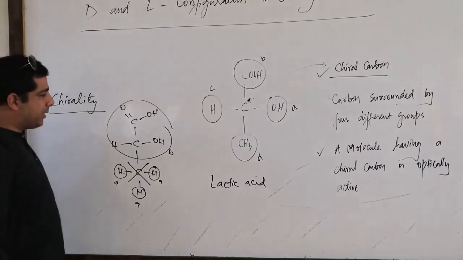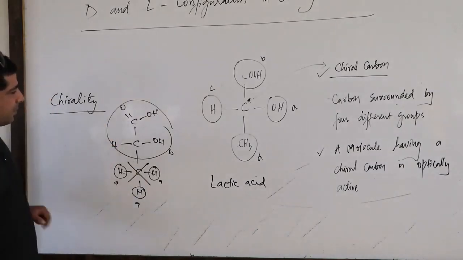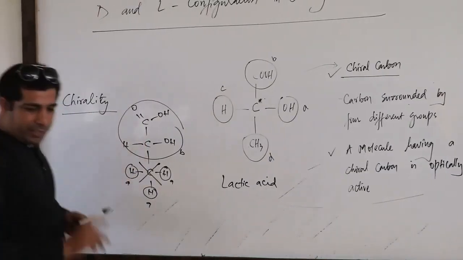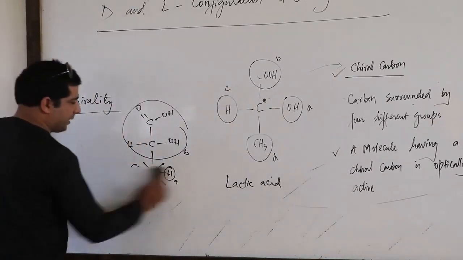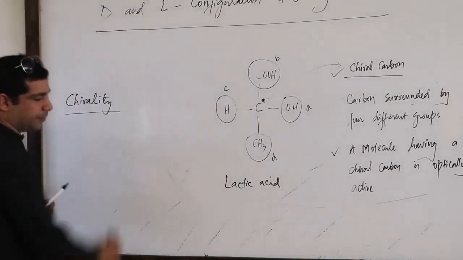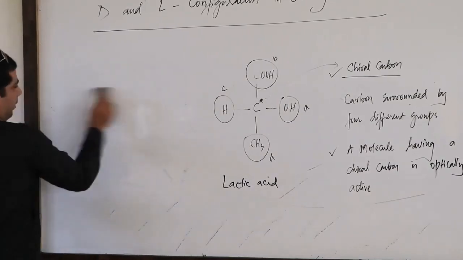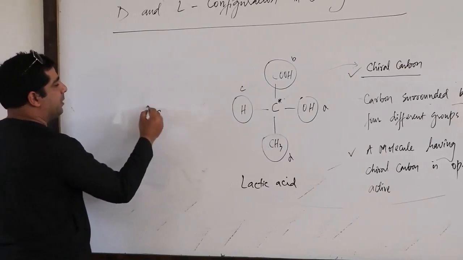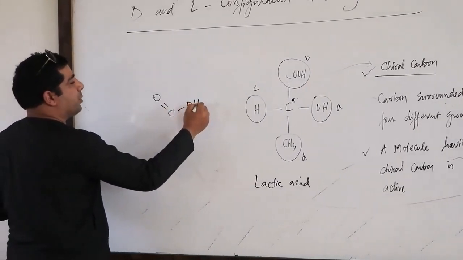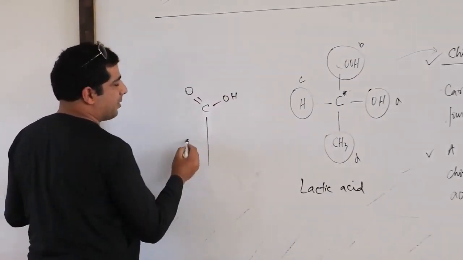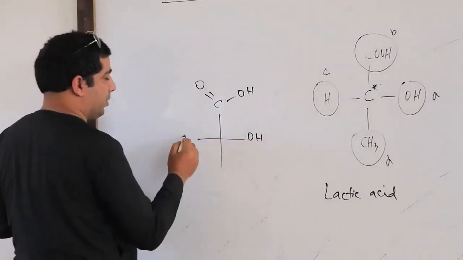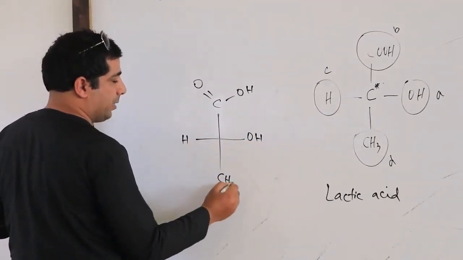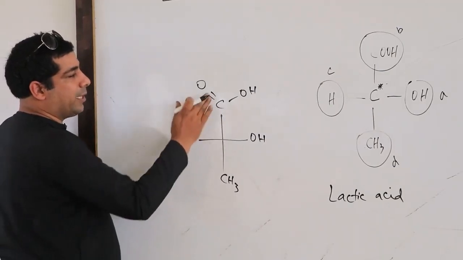Clear? Let us take an example of now this carbon. If you take this carbon now in consideration, let me draw it once again. Look here, C double bond O, OH. The rest of the structure we have OH, H and CH3. Now look at this carbon.